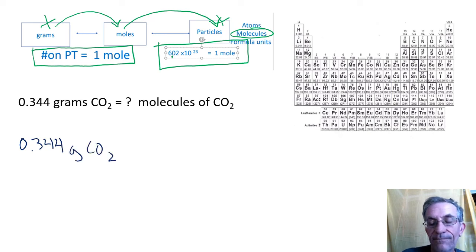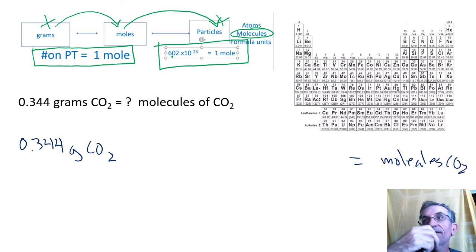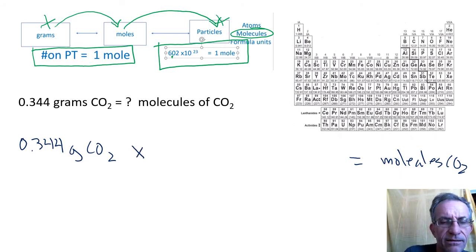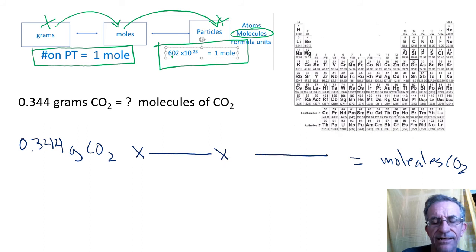Then I'm going to write where I'm trying to go: molecules of carbon dioxide. And looking at this map up above, the little guide that's helping me, I realize I'm going to need two steps to get this done.